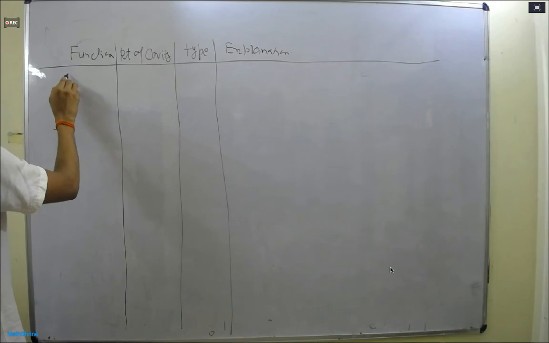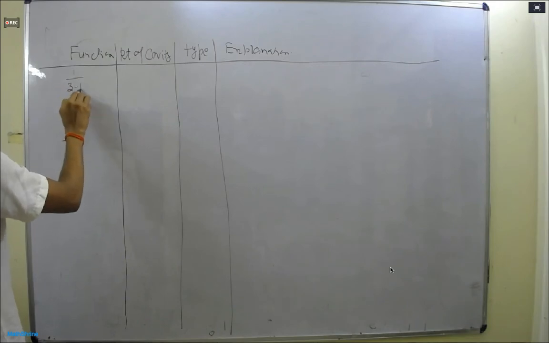The first one you write: 1 upon z minus 1 whole square into e power z.